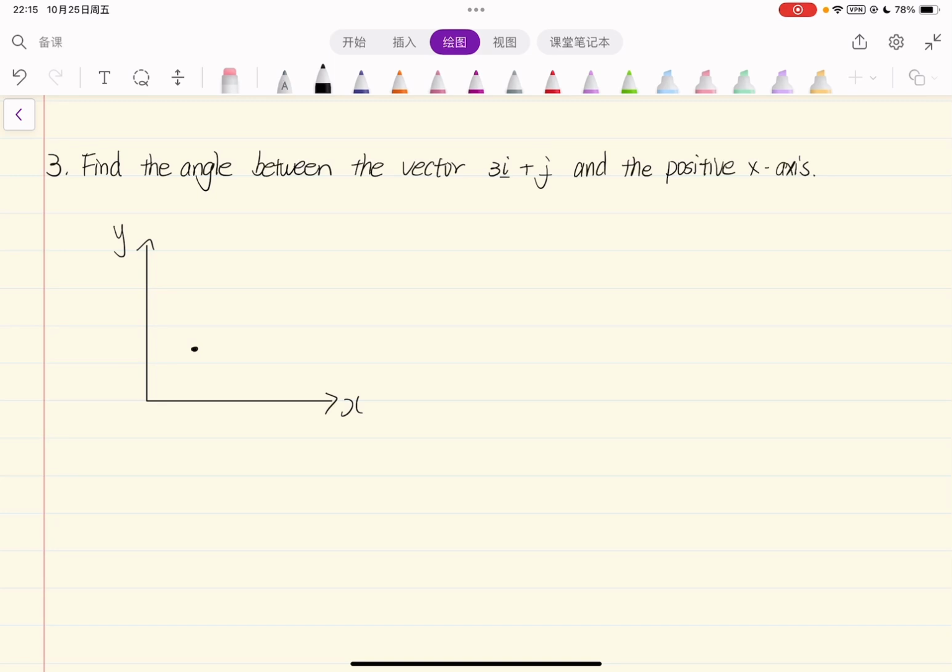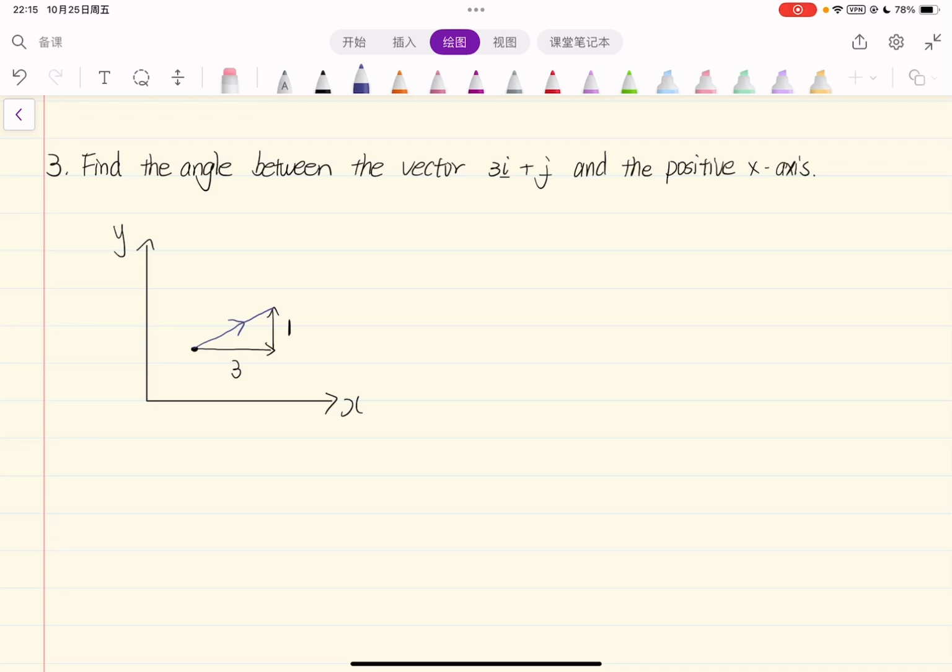3i plus j, in here 3i means that you move 3 in the positive x direction, and j means it goes upward 1 unit. So we have the vector looking like that. And here we need to find the angle between the vector and the positive x-axis.